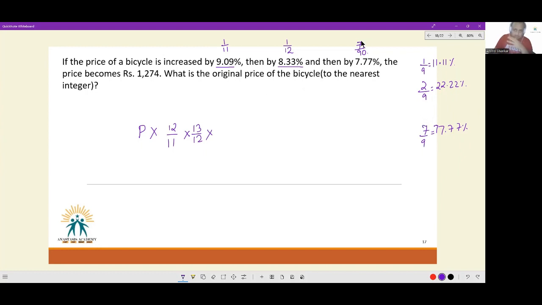And if it has increased by 7 by 90, it has become 97 by 90 times of original. And this has led to the price reaching 1274. And now we are expected to calculate the original price of the bicycle. Okay. So 1274 does get cancelled out with 13.